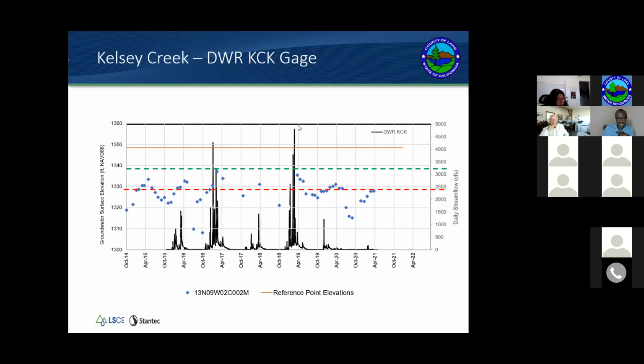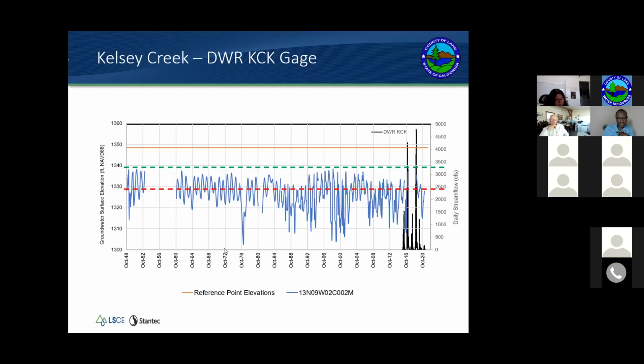Again, it goes high in the spring and then it dries out. The creek dries out regardless of what groundwater pumping is happening along Kelsey Creek. Again, we have a much longer record on that well, so hopefully we can extend the DWR data back to 1984 and get a better pattern.